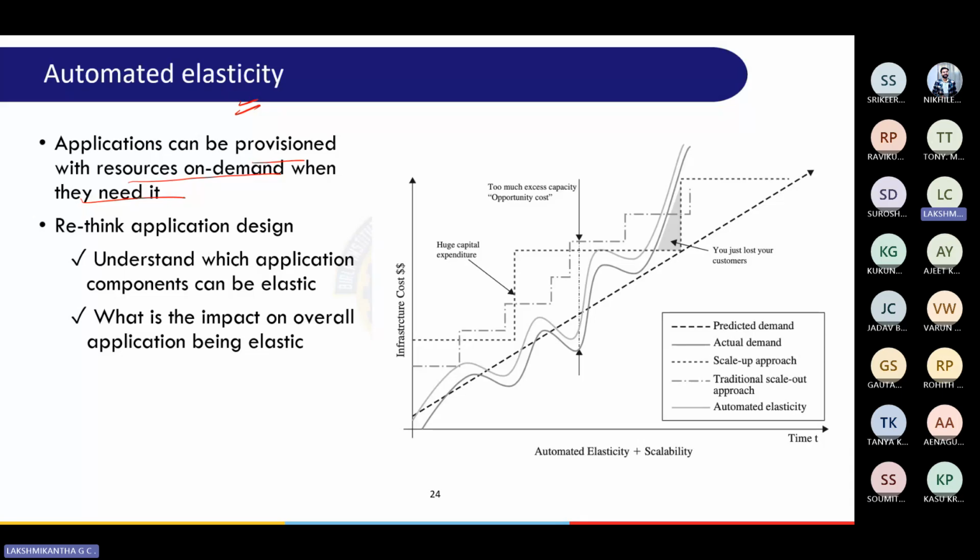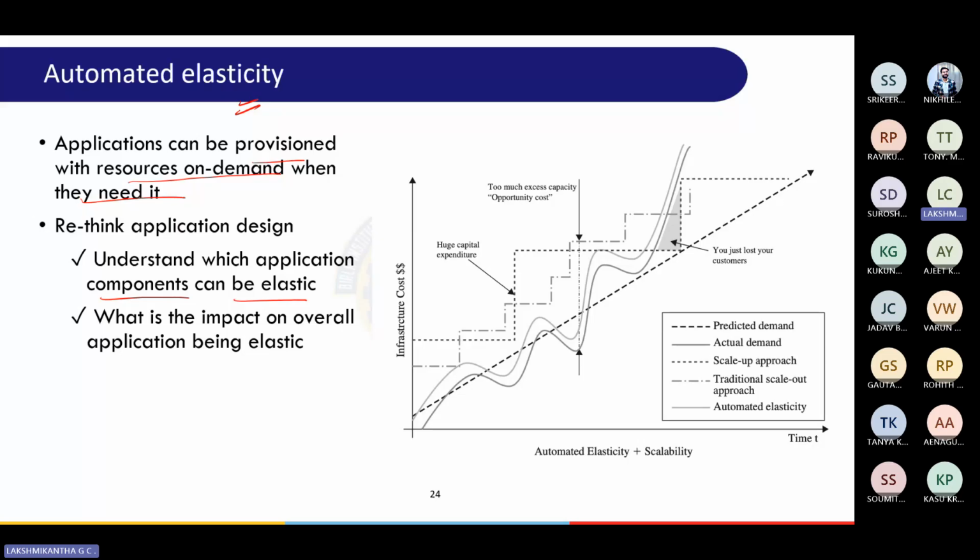That's all. Very simple. Okay, guys, achieving this requires you to rethink your application design. You cannot just lift and shift an old monolithic application. Correct? No. You must understand which application component can be elastic. Is it your web front end? Is it your batch processing cluster?